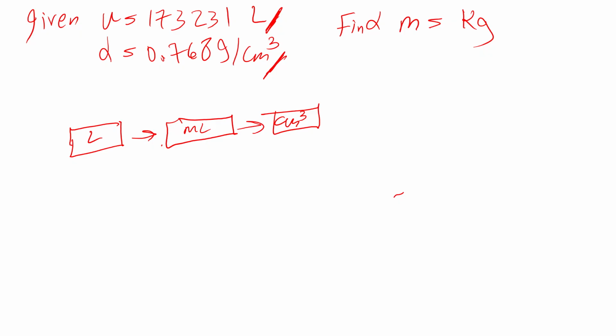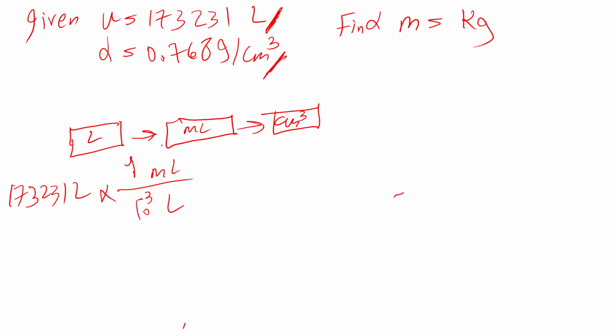Let's start calculations. 173 liter multiply. You want to go to milliliter, and we already discussed it. You know that you need to write 1 milliliter is 10 to the negative 3 liter.